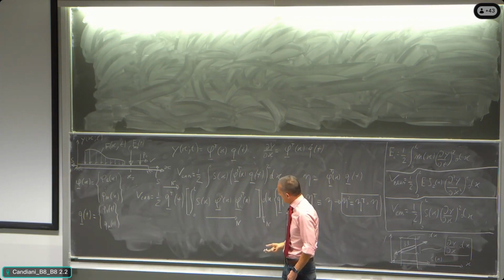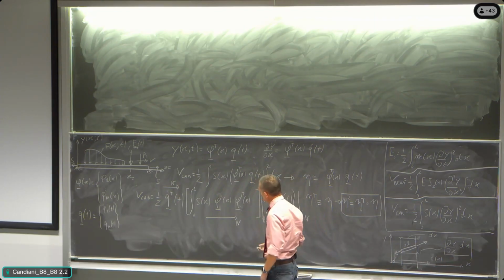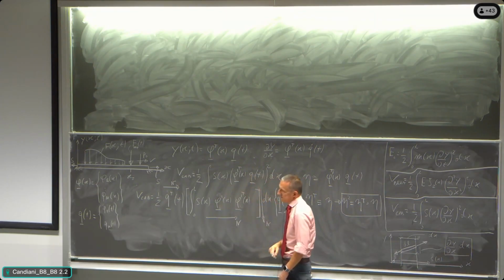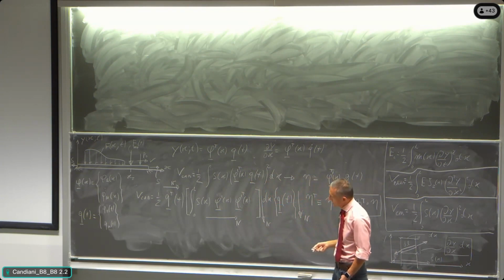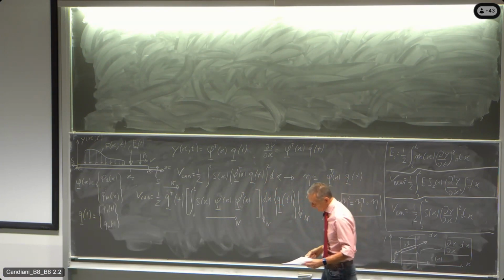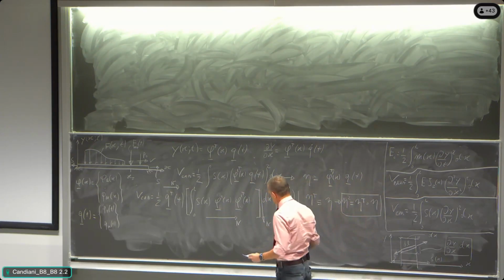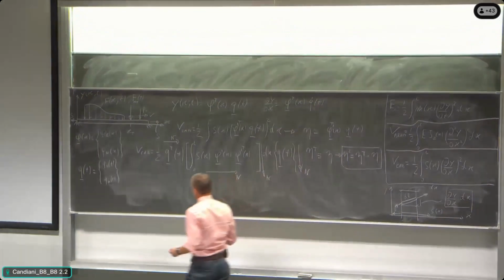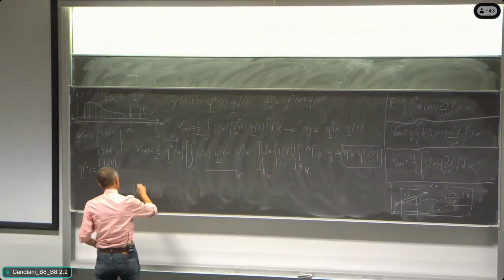And this matrix has at location ij the product of the ith and the jth element of the vector itself. And so the methodology is totally repetitive, and we can write also the potential energy of the beam.